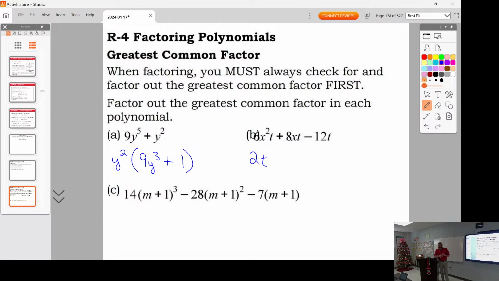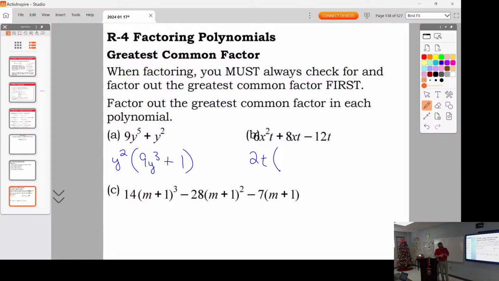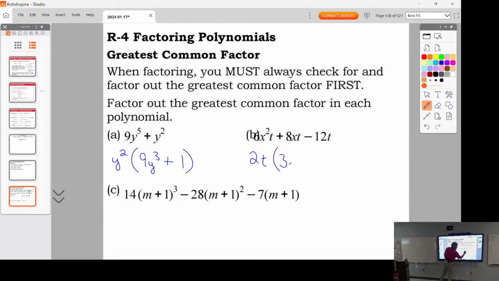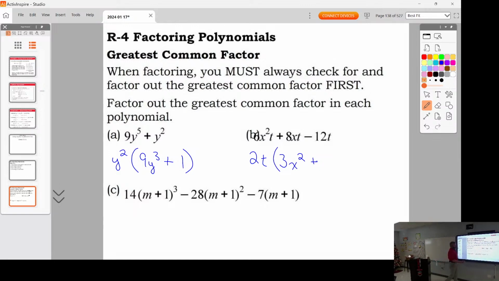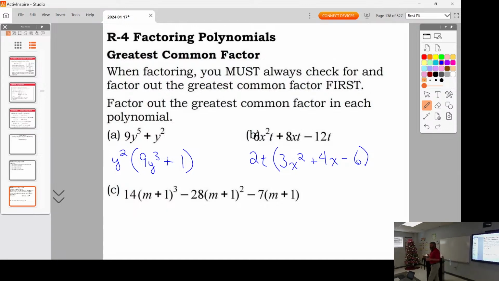Factoring means divide. So I'll now divide each of the 3 terms by 2t. 6x squared t divided by 2t is 3x squared, plus 8xt divided by 2t, 4x, minus 12t divided by 2t, 6, and we have factored out the greatest common factor.